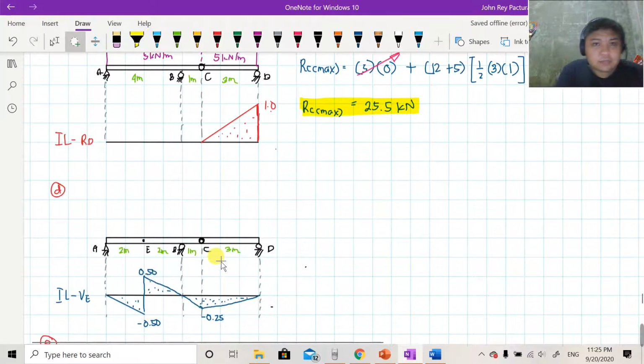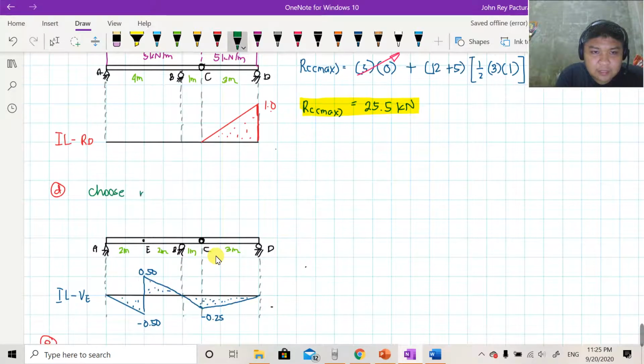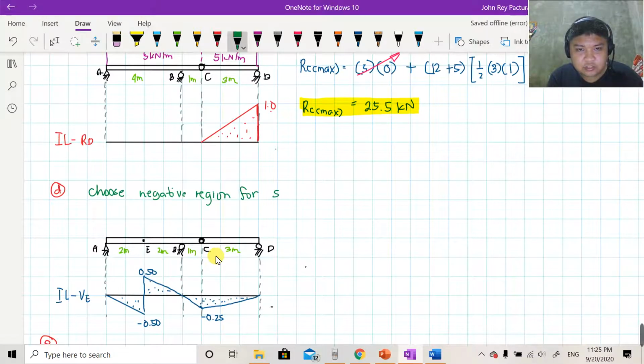Sige, i-label ko lang dito: choose negative region for shear because it has larger area.